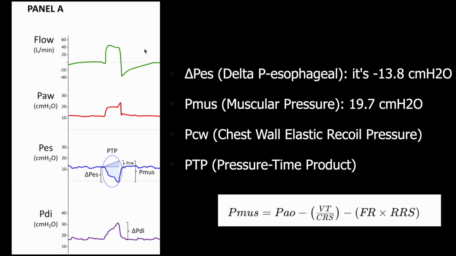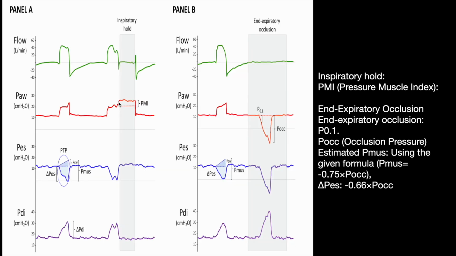So from here, the main two things that we try to measure are the delta esophageal pressure, the P muscle, and finally the pressure time product. Based on this, we find what is called the effort of the patient. So this is the example showing the non-invasive method.